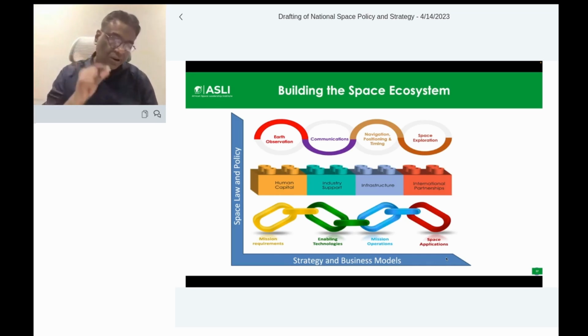The policy and law and the strategy is so fundamental to your space ecosystem that many countries are not paying attention to, that don't have the capacity to do that. And this is why we set up the African Space Leadership Institute. Policy, law, strategy. That's what we want to focus on. And that's where we want to deliver and help the African countries and the African continent to build a proper space ecosystem.